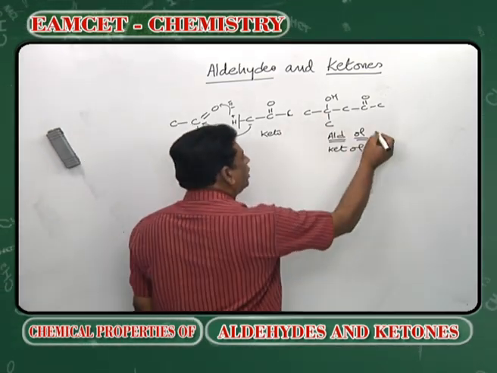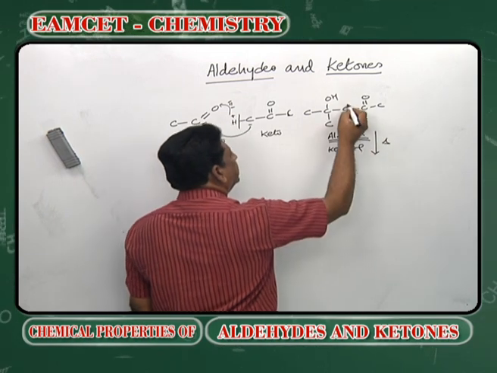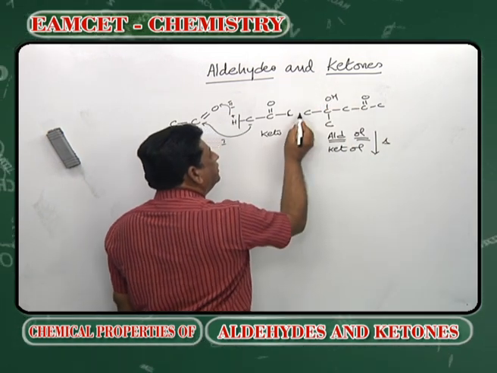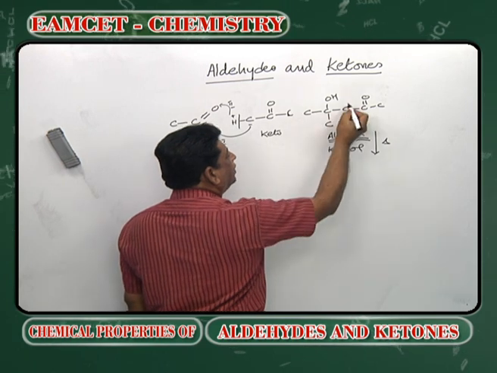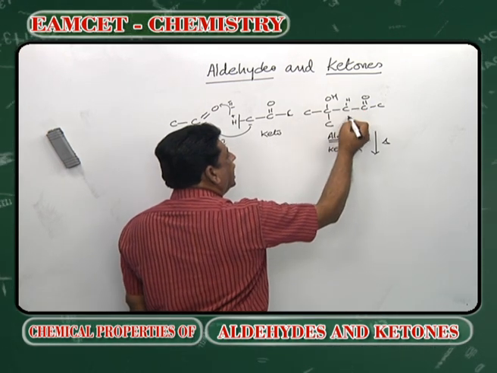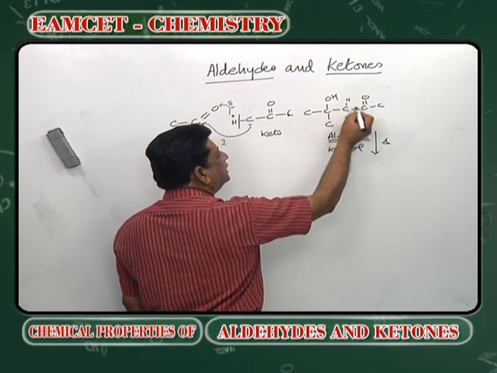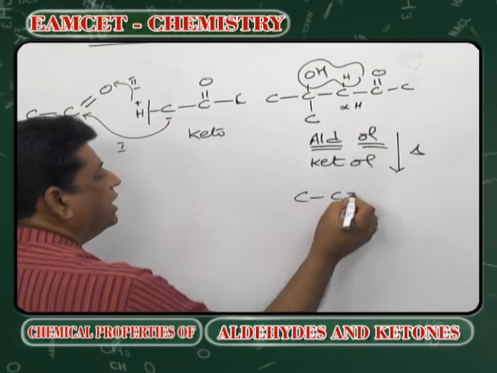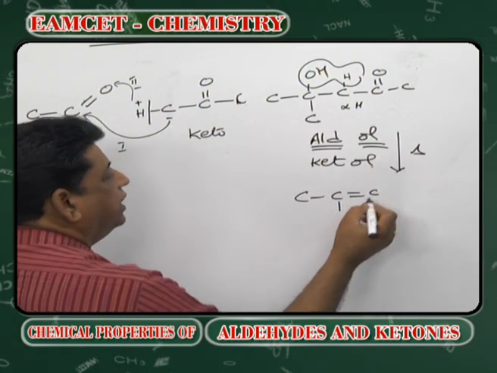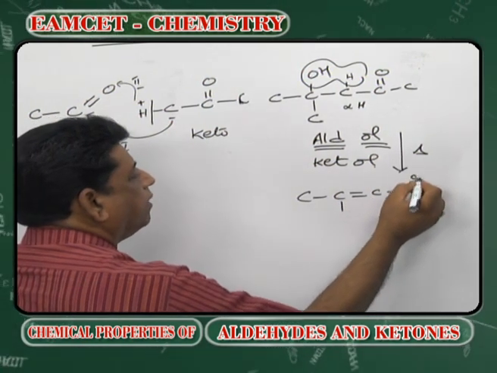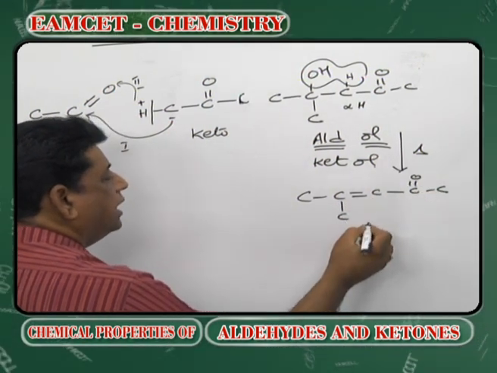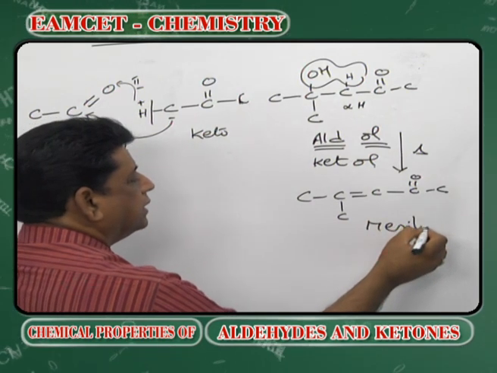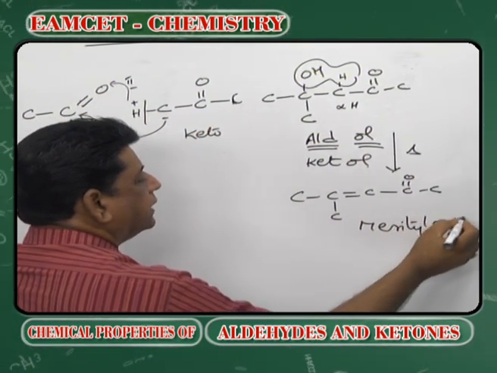Now this compound undergoes dehydration when you heat it. So OH will take away a hydrogen from here, three hydrogens here, but it prefers an alpha hydrogen to be removed because of hyperconjugation. So H2O is deleted. The final answer will be this type of compound. This compound has a name called mesityl oxide.